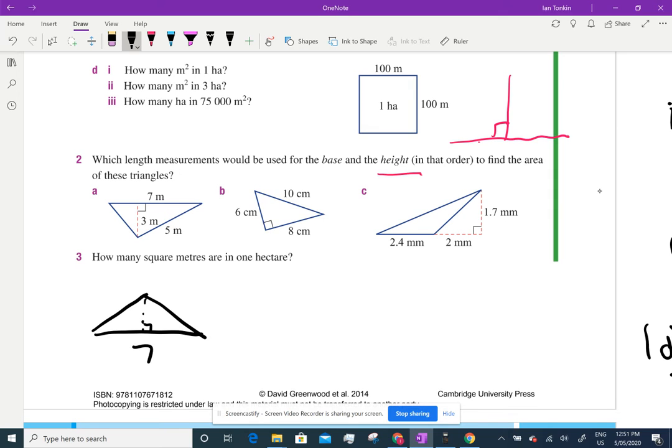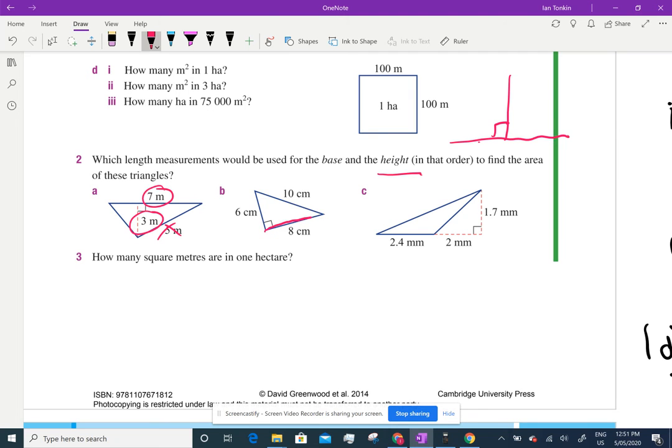Put the 7 there, the 5 there, and the 3 there. It doesn't matter the way it's drawn. The base, though, is always at 90 degrees to the height. So here, our answer, base is 7, height is 3. We don't use the 5.